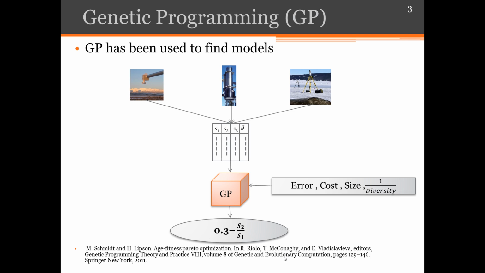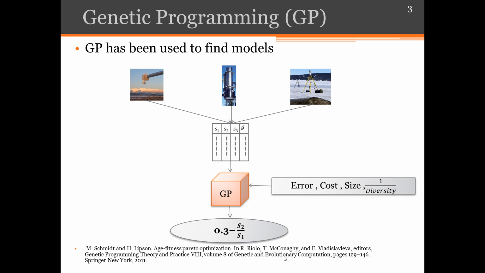We need to minimize the cost, so the prediction of the model is low cost. We need to minimize the size, so the model is not overfitted, and we need the models to be selected from a very diverse set of models, so it's not from a local optima.